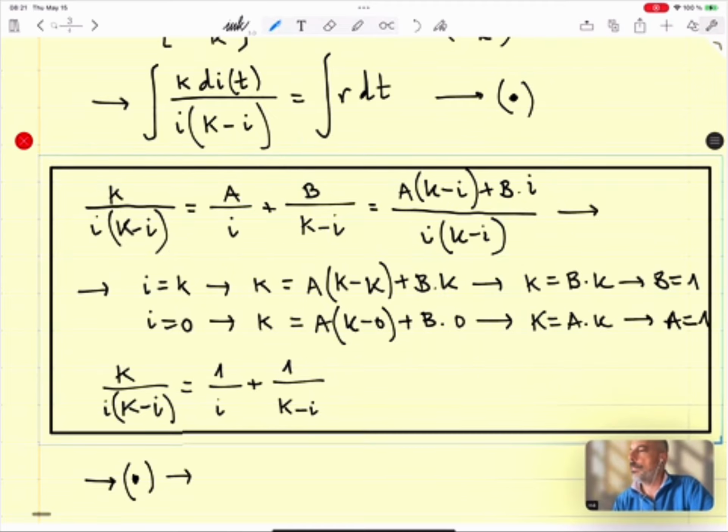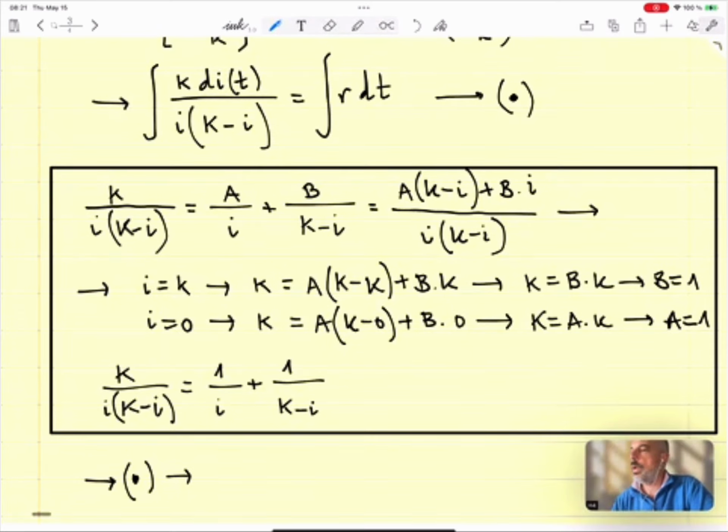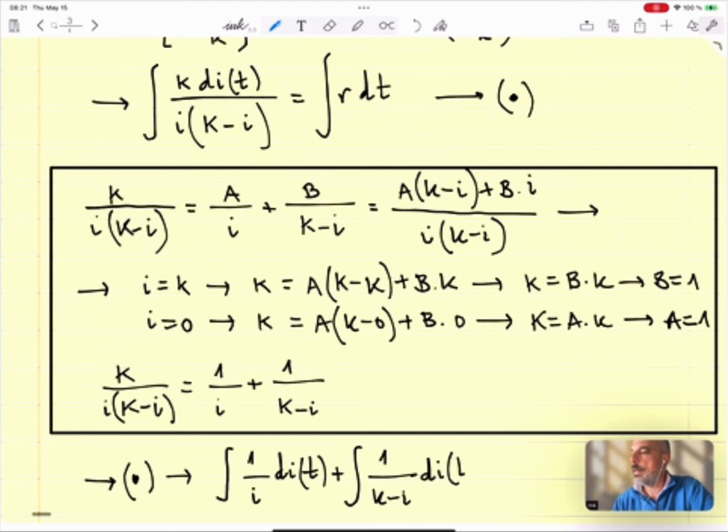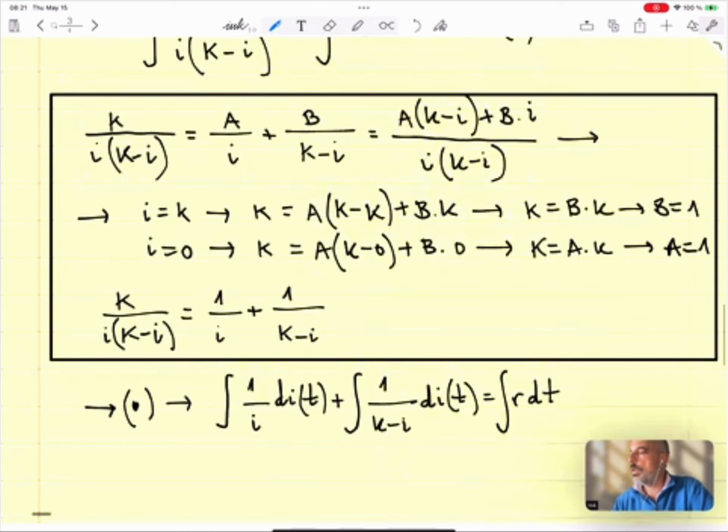We continue by saying the integral of 1 divided by I plus the integral of 1 divided by (k minus I) equals the integral of r dt. But this is the integral of the logarithms, as we have seen above.